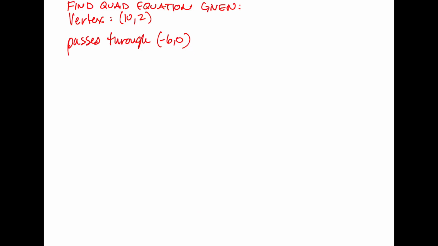I'd also like to work through a problem where we're going to try to find the actual quadratic function given some information, namely given its vertex and given a point that it passes through. So the general form of my quadratic function, actually this would be the vertex form, excuse me.